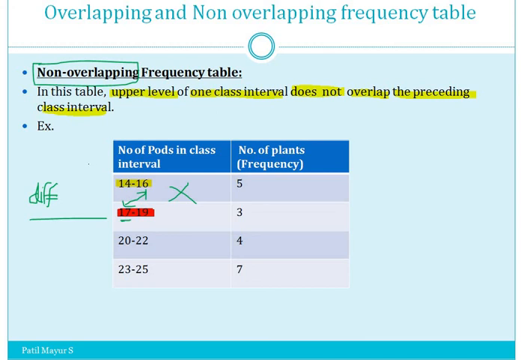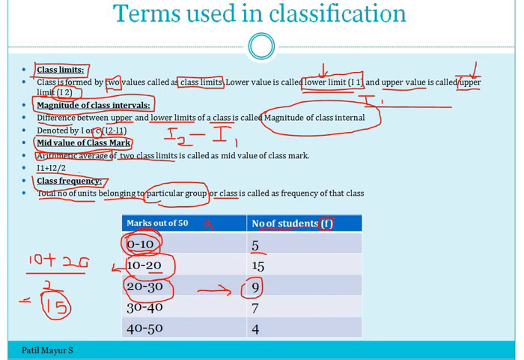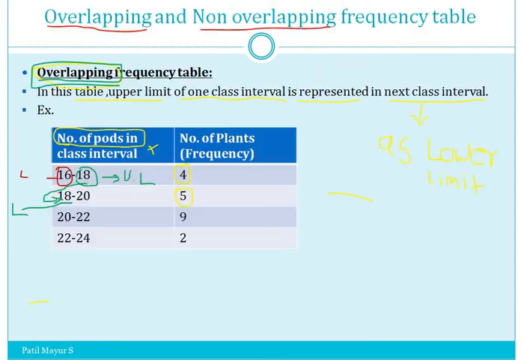I hope you have understood the different terminologies used in classification. We learned about the class interval, the class limit, the magnitude of the class interval, the mid value or class mark, then class frequency.